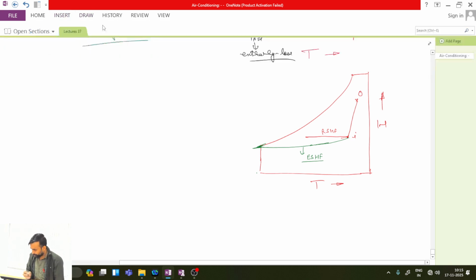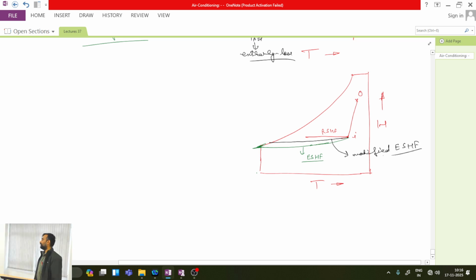So I will try to use some modified ESHF line. This line I call my modified ESHF line. Then O and I will be mixed together to form state 1, and from state 1 I will have the GSHF line. Now GSHF and RSHF will meet at point 2.